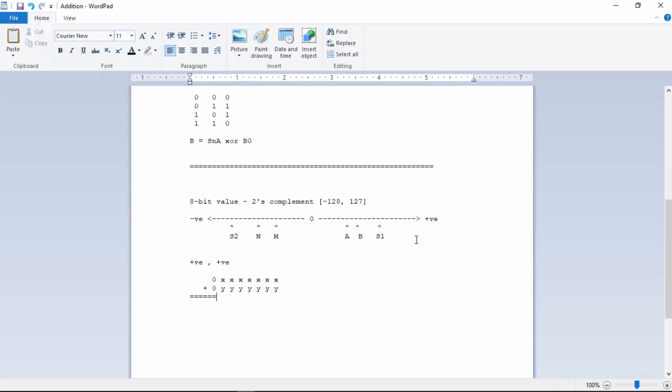Now you see in this addition, this is what I will get as a CN, or in this case, since it's 8-bit, C8.